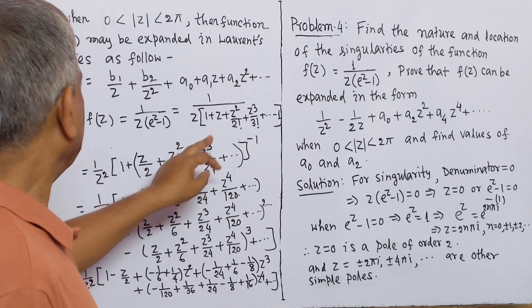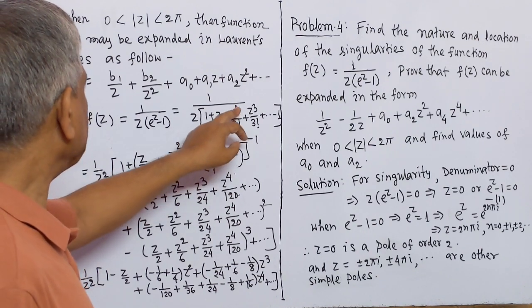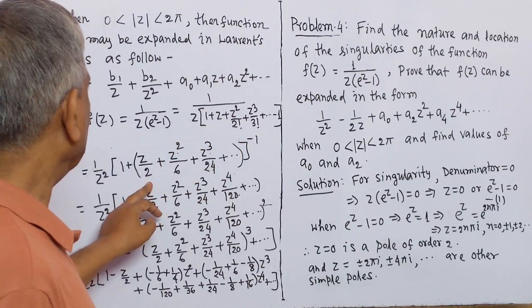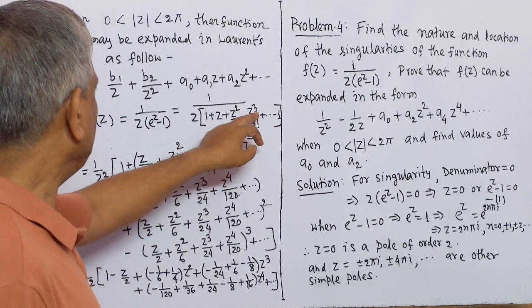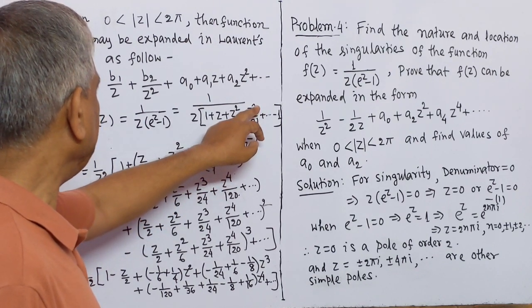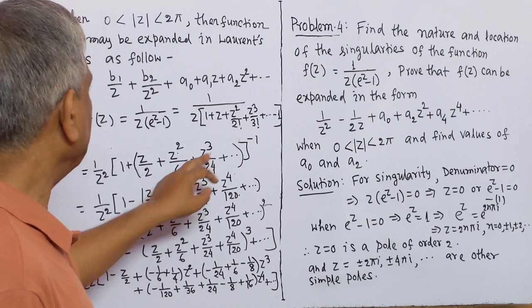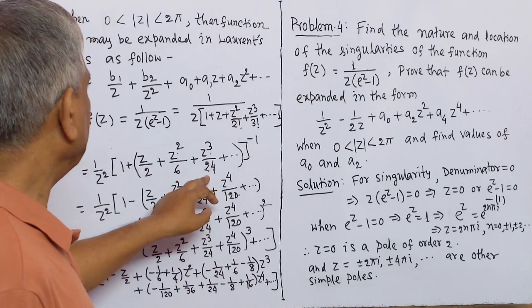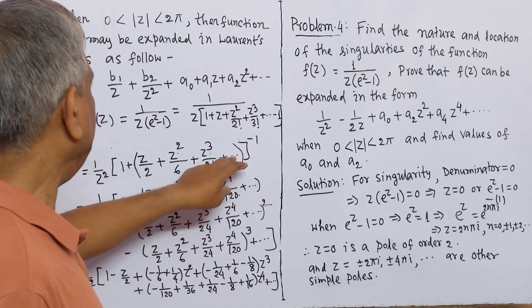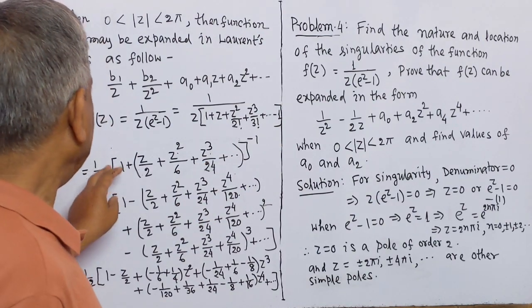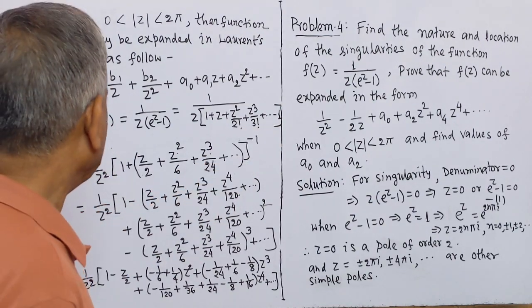Here remains 1 plus z by 2 plus z square by 6, similarly z cube by 24 plus dot dot dot, to the power minus 1.